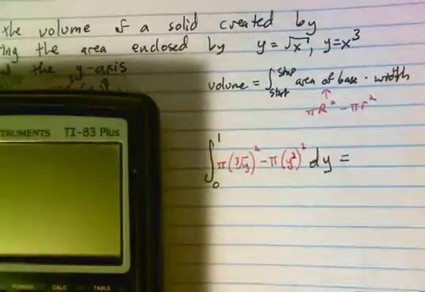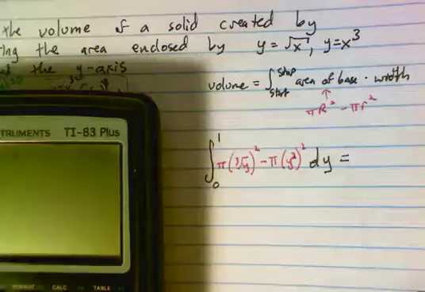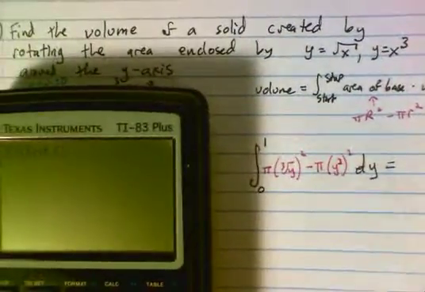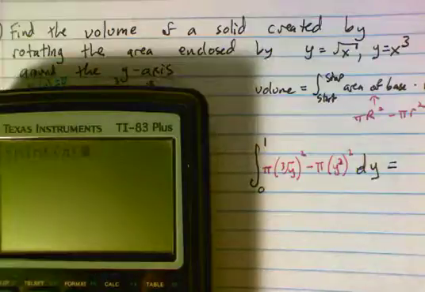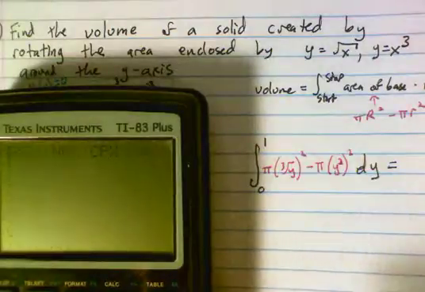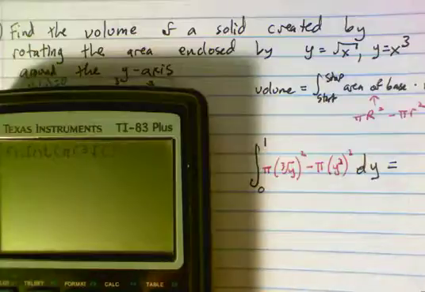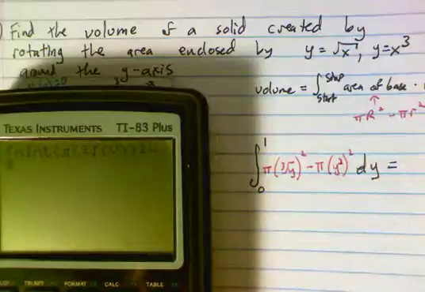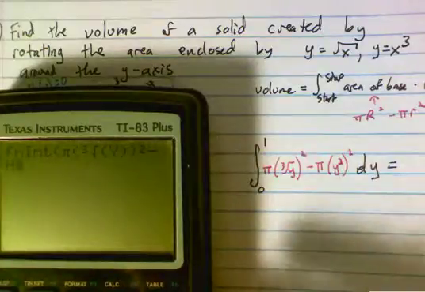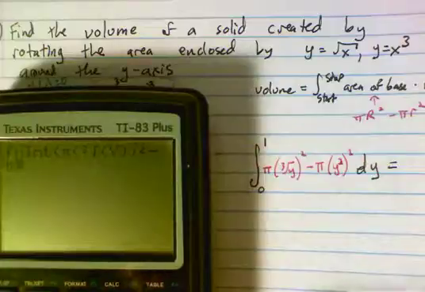Fun with calculator. Pi. If you go to math and then 4, it's going to give you the cubed root, alpha y. Make sure that you do another parenthesis and you square that whole thing. We're going to subtract pi. Y squared squared is y to the 4th.